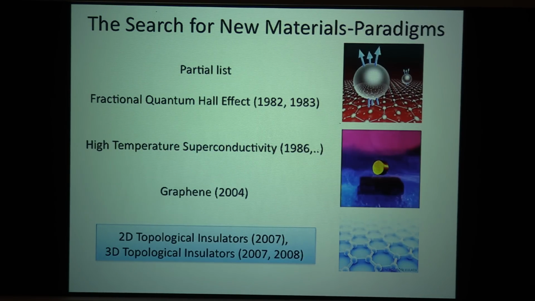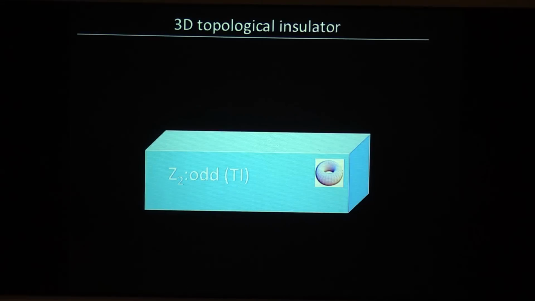So these materials are not new, but by looking at them from this new perspective of topology, we've been able to learn completely new and different things about these systems. So I would classify topological insulators in the same category as all of these other phenomena, where you had to use a completely different way of thinking about materials and about particles in order to understand them.